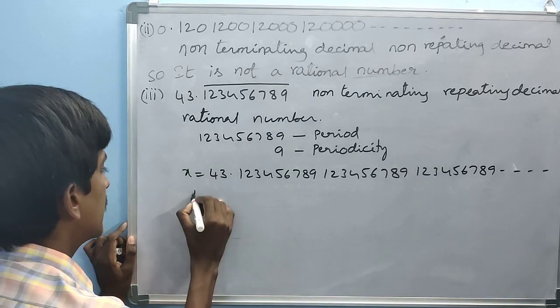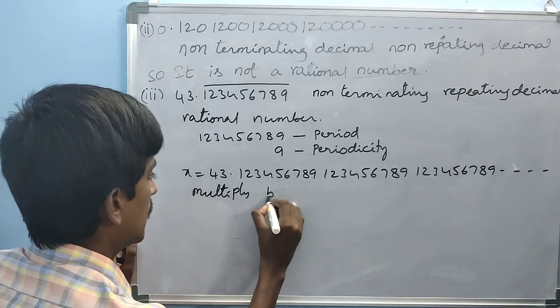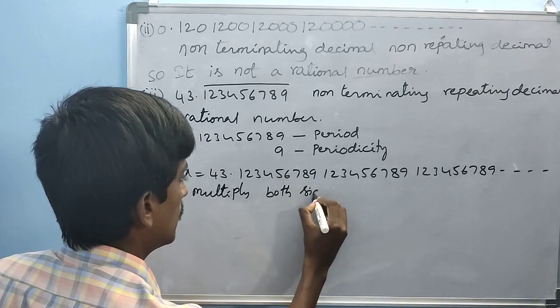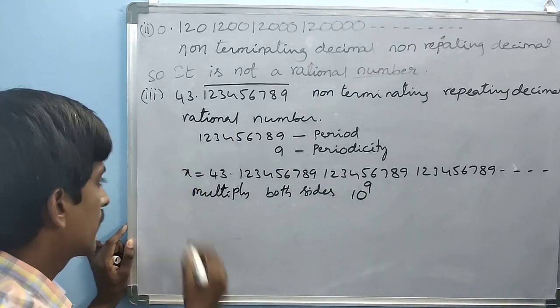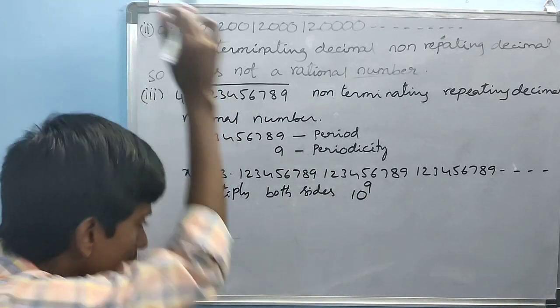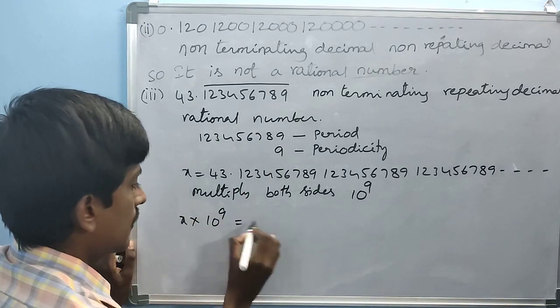Multiply both sides by 10 power 9. So 10 power 9 x equals 43.123456789 into 10 power 9.